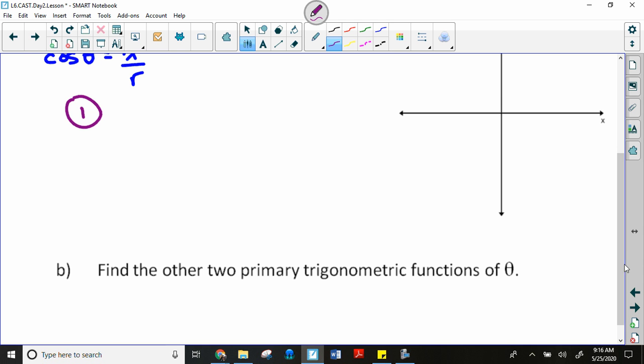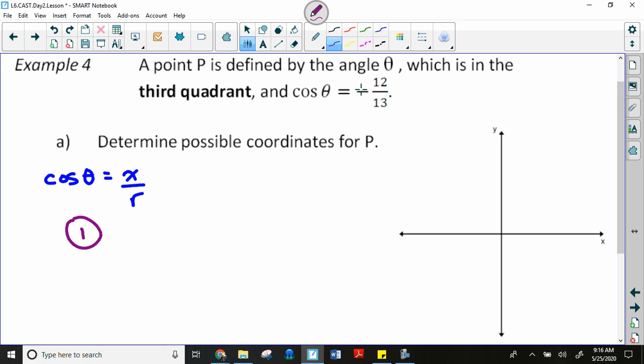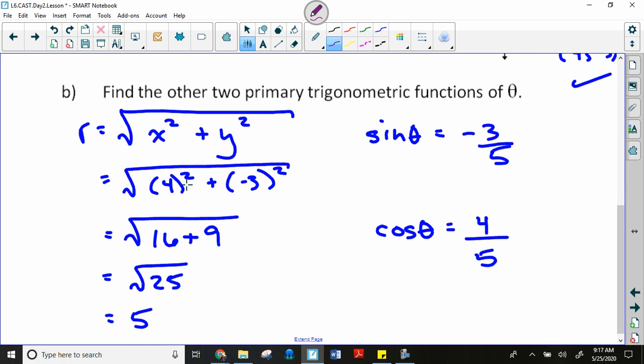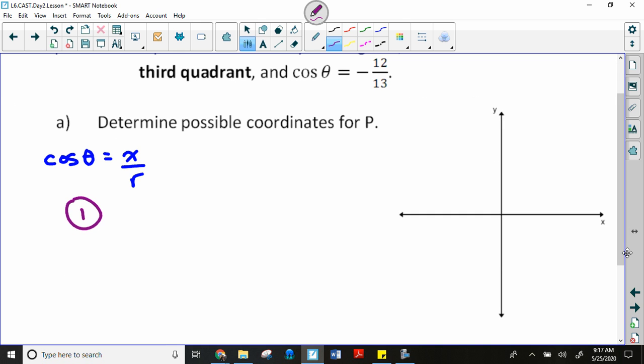The only way you could have a negative fraction for cos is if the negative is with the numerator. You cannot have a negative radius, because we're squaring both values, which creates positives, and then we always get a positive square root. So the only possibility is cos theta of negative 12 over 13.